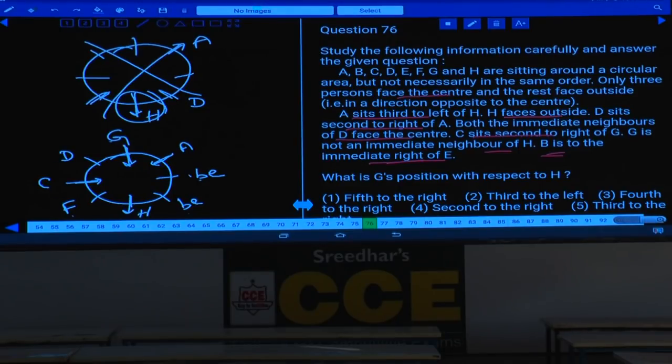As of now, 3 are facing the center, all the remaining persons must be away from the center. As all these persons are away from the center, then C is second to the right of G. B is to the immediate right of E. As B is to the immediate right of E, then E must be here, because this B and E are away from the center.